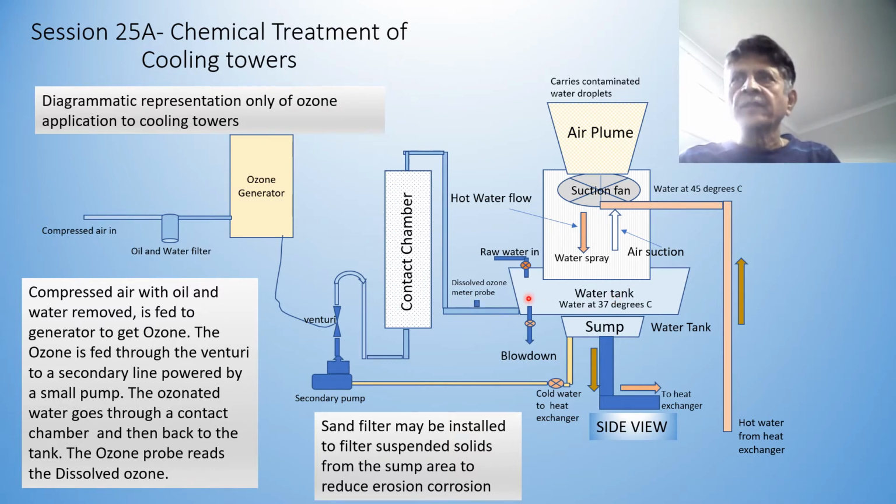Now, this water full of ozone goes from the sump back to the heat exchanger, where it will be exposed to all the parts of the heat exchanger, and comes back from the heat exchanger to the top of the cooling tower.